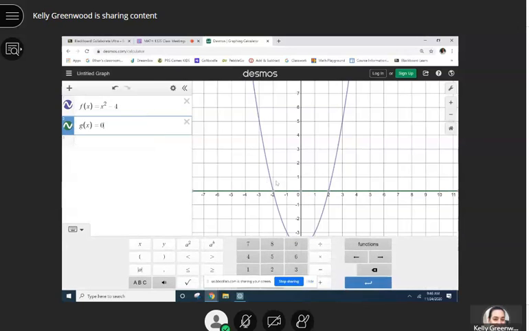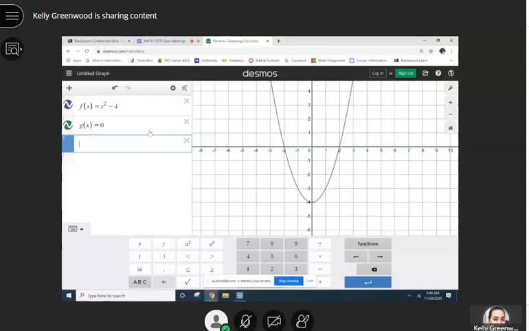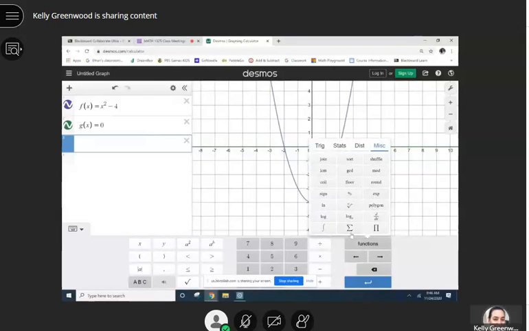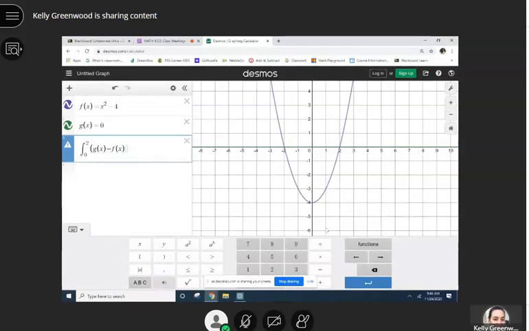So I have my parabola and my x-axis. And then I'm going to set up my integral. One time I'm going to do from 0 to 2, g of x, the green one, on top, and the parabola on bottom. And if I stop right there, see how it forced my negative 5.333 to be positive 5.333?